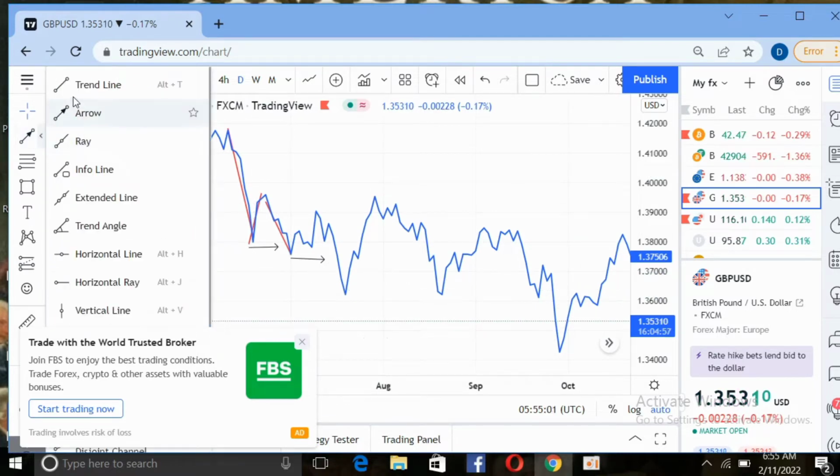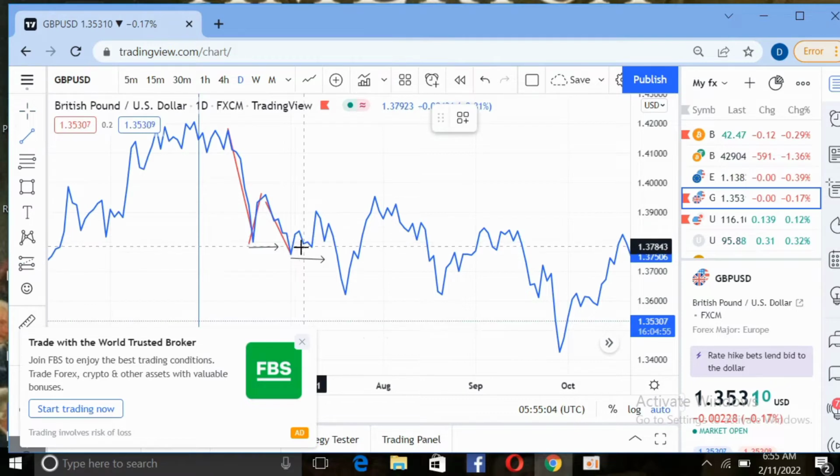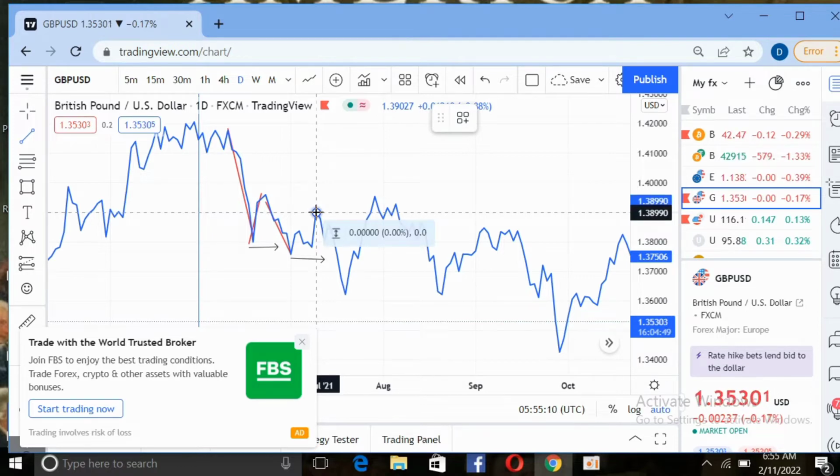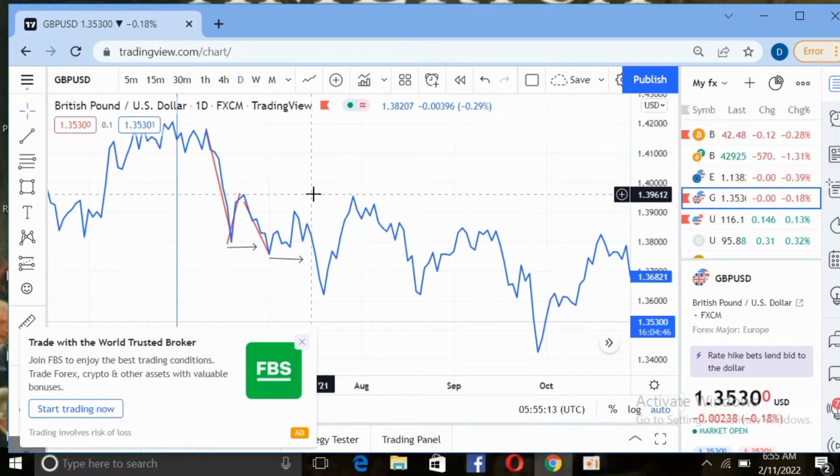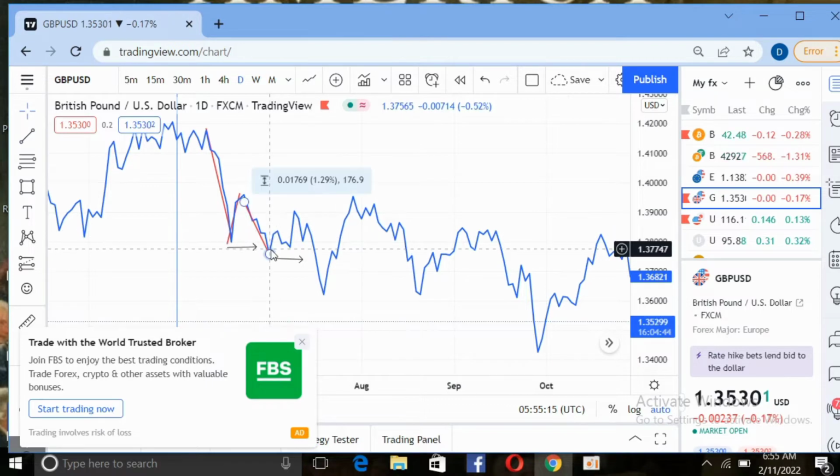So it always works, when it has broken structure to the downside, then this place is recognized as a significant high.